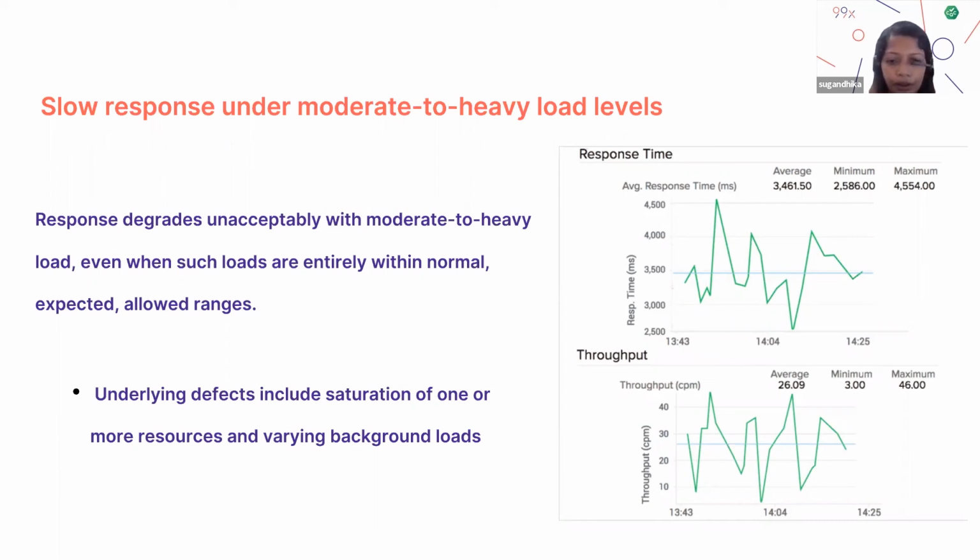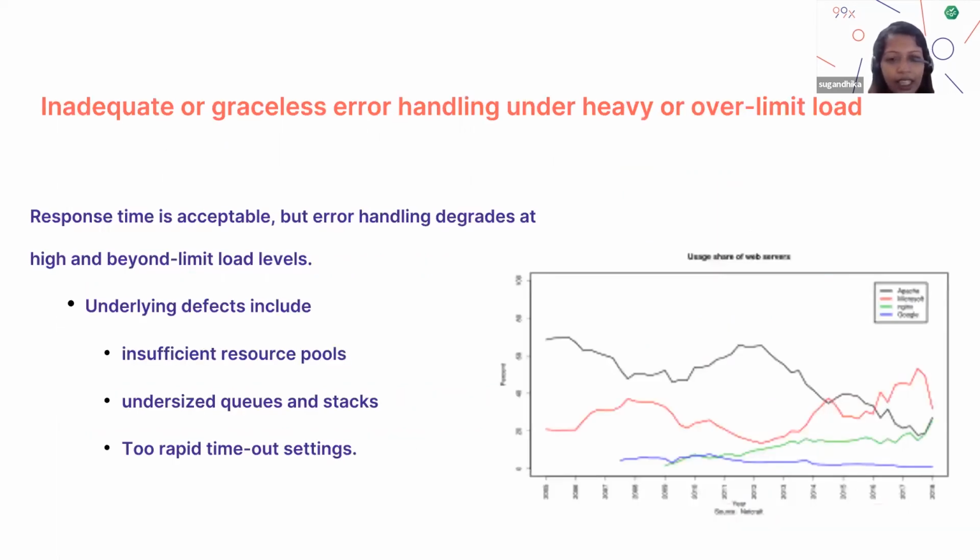Okay, and there's another one: heavy errors with the load. In this case you can see the load is there and the response time is also acceptable, but there are a lot of errors. Okay, but the response time is acceptable. Can this be possible?